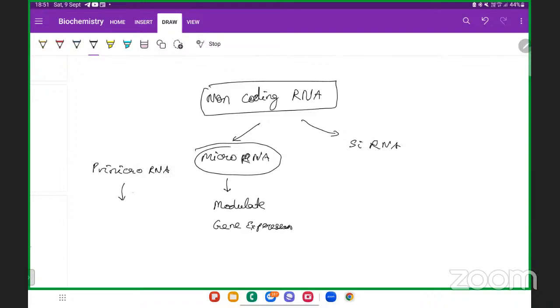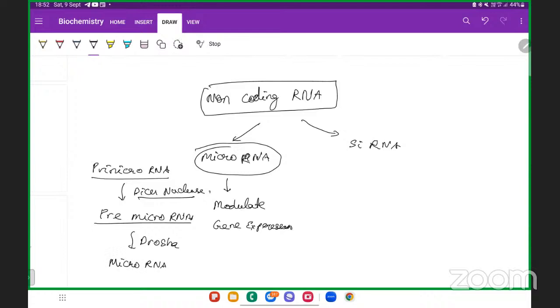In the presence of dicer nuclease, pre-microRNA is formed. Pri-microRNA gets converted into pre-microRNA, and pre-microRNA gets converted into microRNA in the presence of Drosha. These are enzymes named after some Greek or Latin words; we only need the enzyme names.